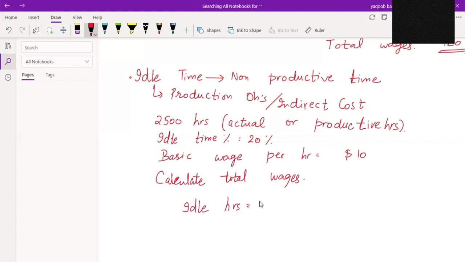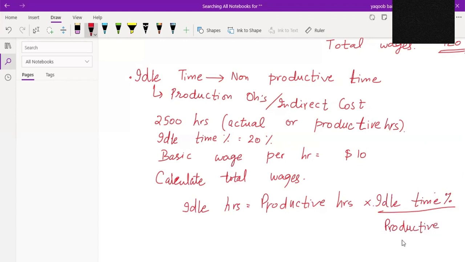Idle hours is equal to productive hours, which means actual hours, multiplied by idle time percentage, divided by productive time percentage.